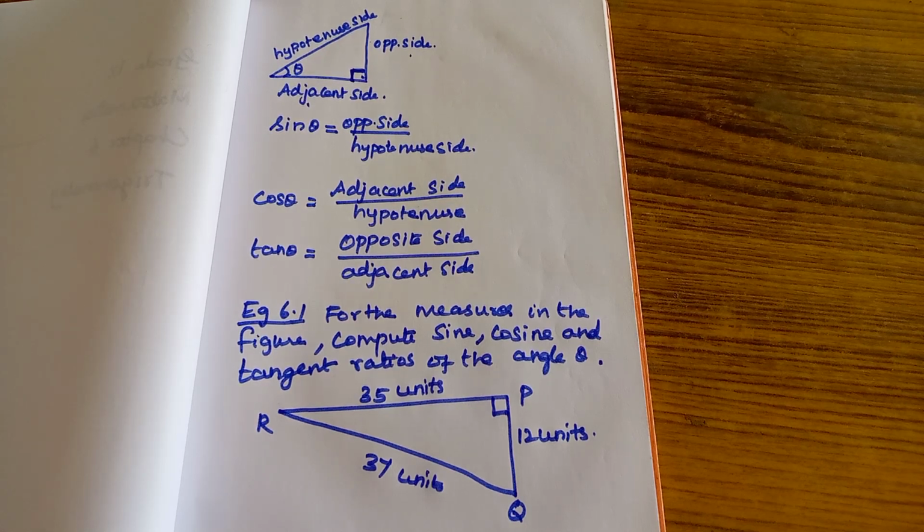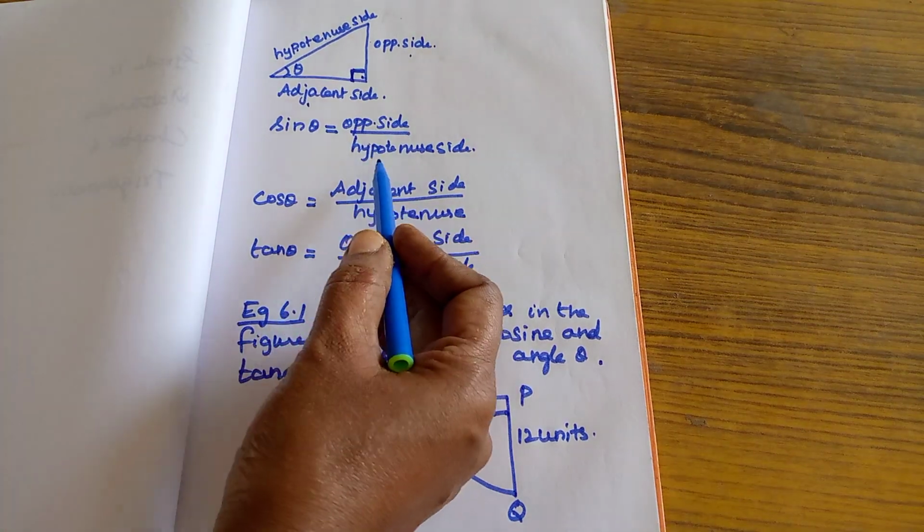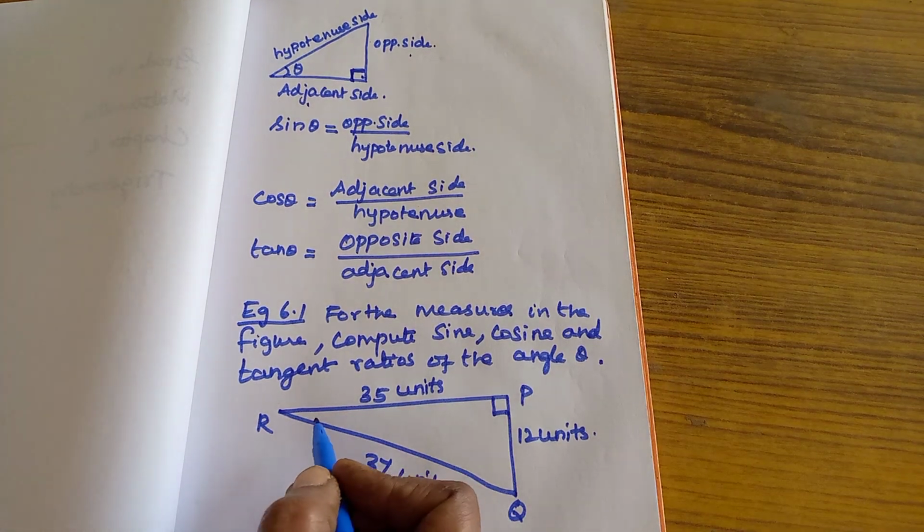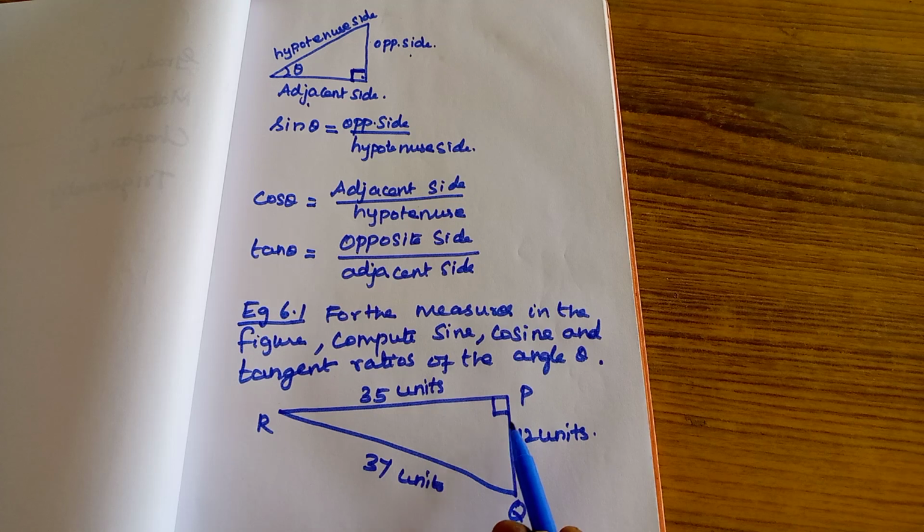What is the sin theta formula? Opposite side by hypotenuse. Which is the opposite side here? Can you identify? Let us take the theta. Here it is 90 degree, at P. P, Q, R. The theta is also mentioned in the diagram.